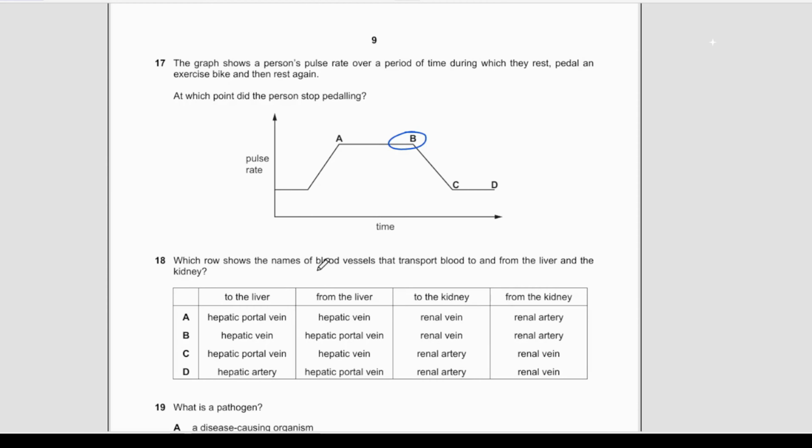Which row shows the names of the blood vessels that transport blood to and from the liver and the kidney? Okay, to the liver. Wait, name of blood vessels to the liver.